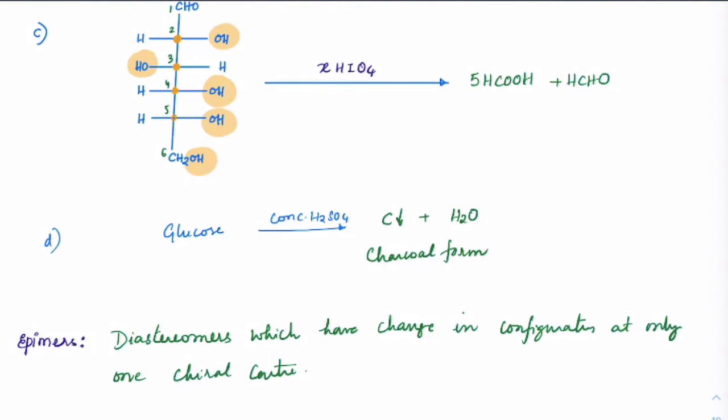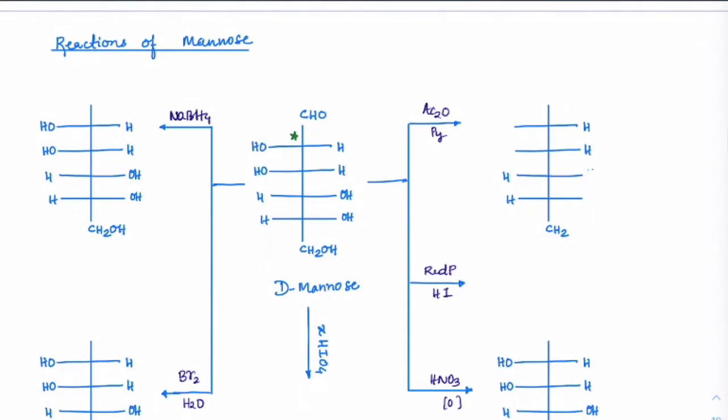Okay. Now, coming to the same reactions we have learned earlier for glucose, we will do the same reactions for mannose now. Suppose I take D family mannose, you can see that the only change is at this carbon position. Rest all it is actually glucose structure only. If you react that with anhydride, we know that wherever there is OH, it will convert into an ester form.